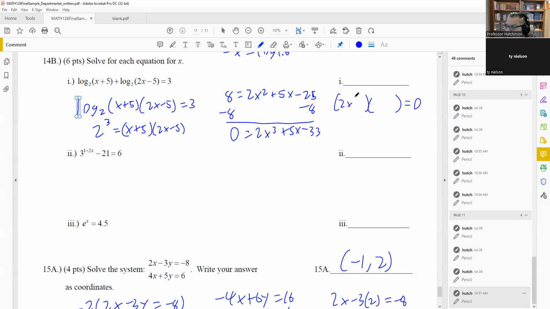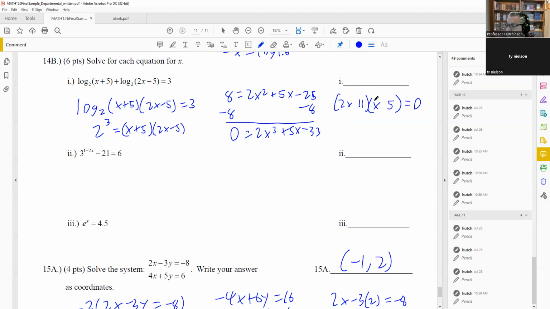2x, there's only one way to do that. 2x and x, that's it. 33, not a whole lot of options here. Let's try 3 and 11. Okay, we want to get a 5 in the middle, so 20, that's too big, so let's switch the order on that. Let's put 11 here and 5 there instead.